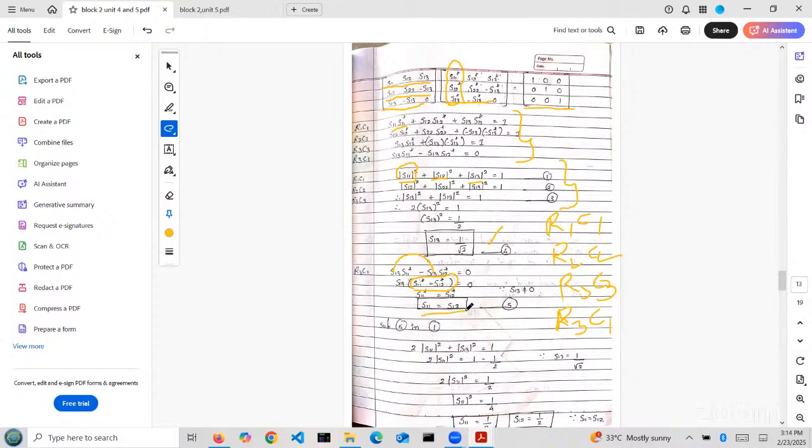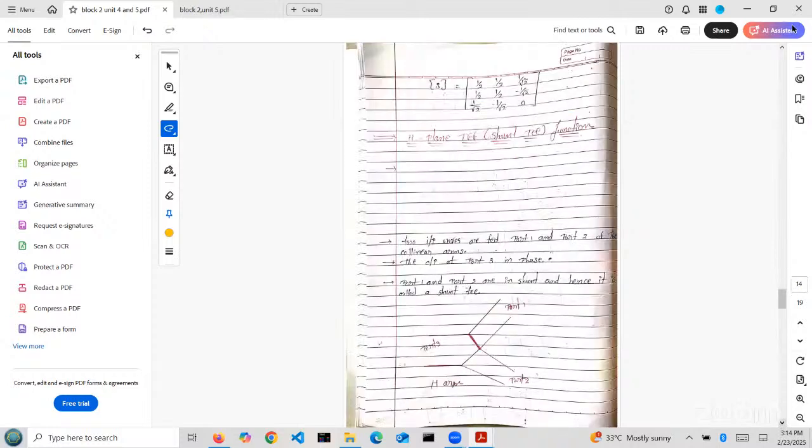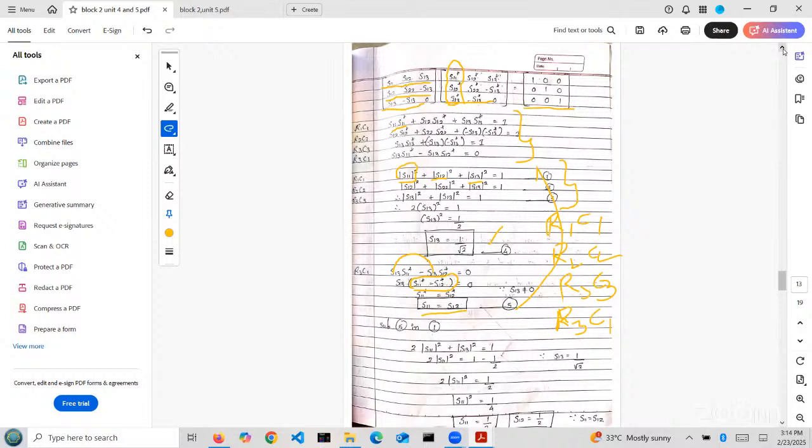We got one condition. Next, substitute it in equation 1. What do we have to do? Substitute S11 equal to S12 in equation 1. S11 plus, in place of S12, again I am substituting S11.